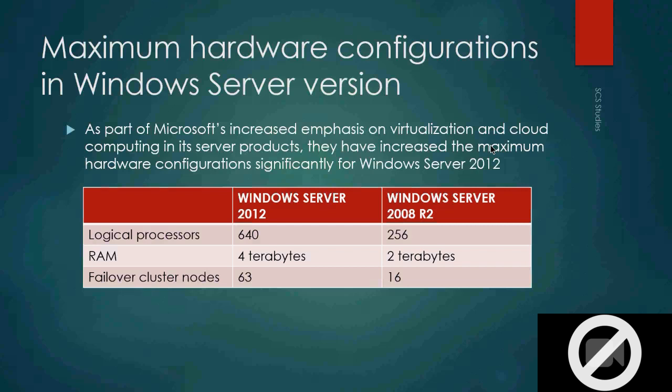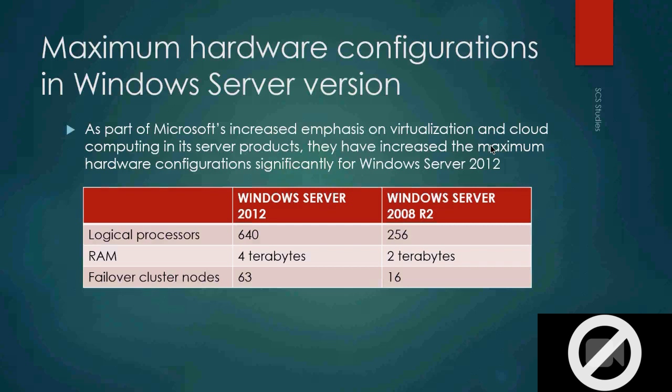But in 2012, what are the maximum hardware configuration changes? Now in 2012, it can support up to 640 logical processors, which is more than double of 2008 R2. It supports 4 TB of RAM. That means if you install a Windows Server 2012 operating system, it can have 4 TB of RAM per machine.